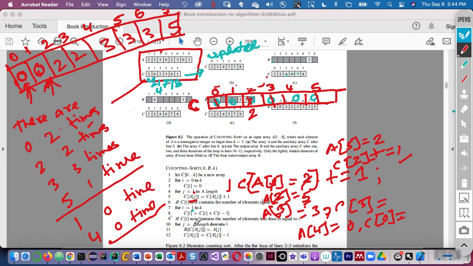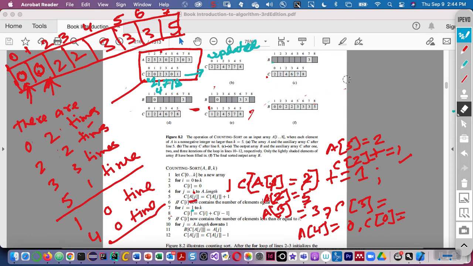But if you write program code, then what do you need to write?